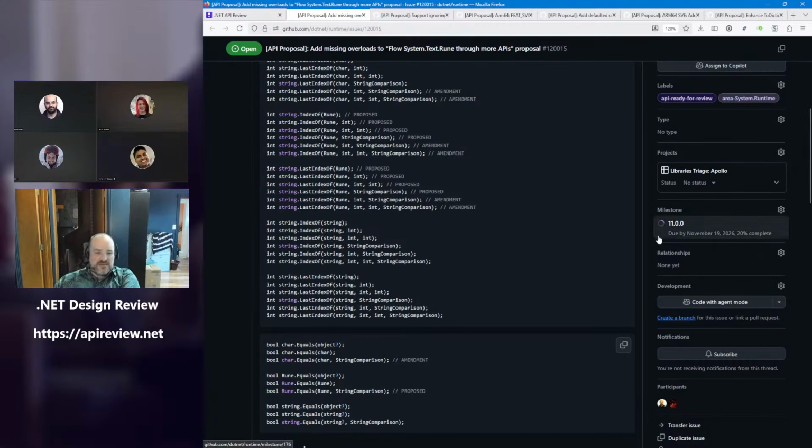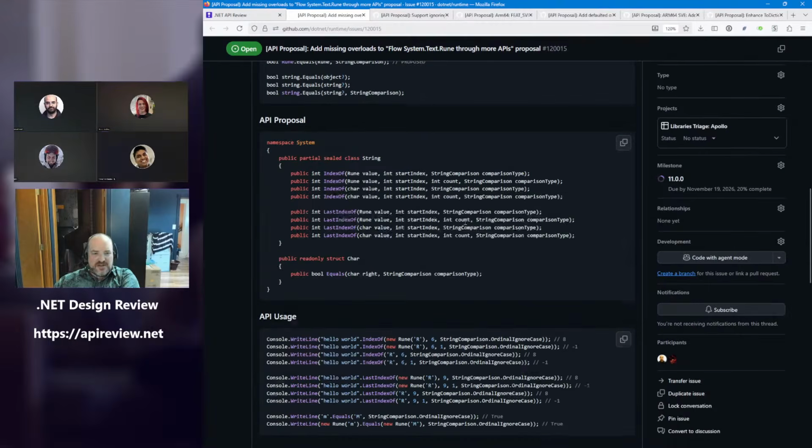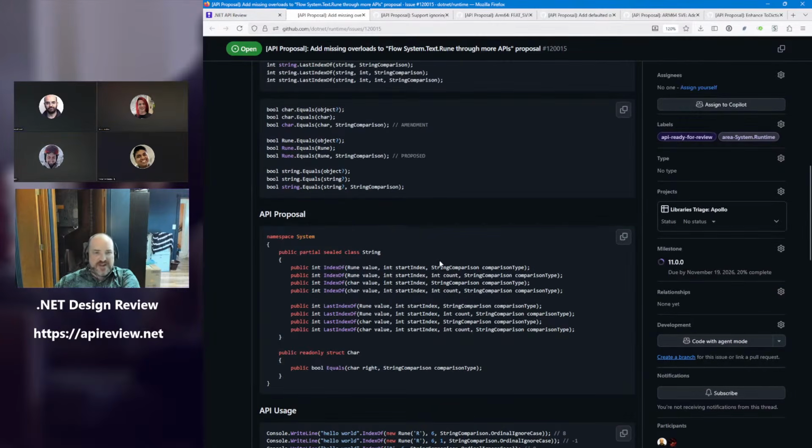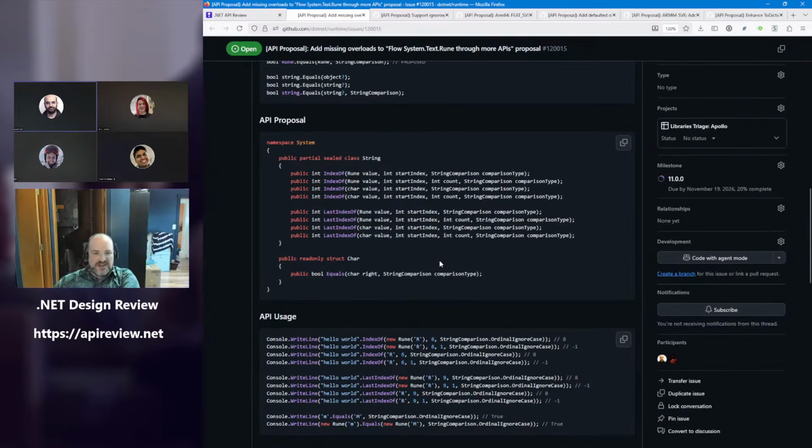Okay. And then somehow we also, out of this, get an extra equals method on char? Yes. That feels unrelated to the proposal. We can talk about it at the same time, but it doesn't feel like it's the same proposal. No, I mean, we have another issue. I'm not sure if it's linked here or not, but the other proposals that we already implemented, we merged a few days ago.